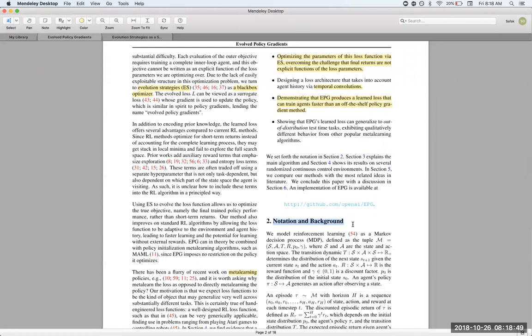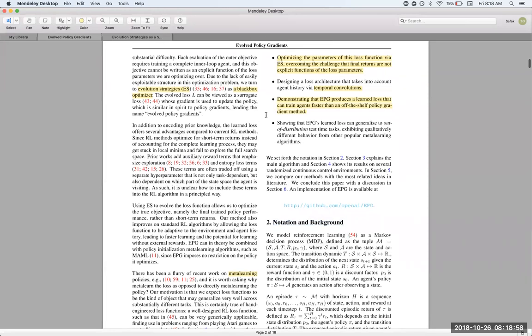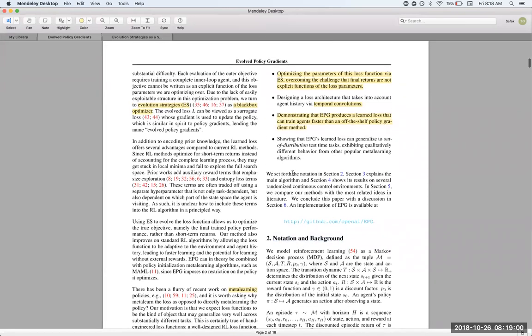We have to go over how a reinforcement learning problem is formulated. It's like a Markov decision process, a string of states and actions and rewards. So it's a time sequence. And the loss function takes into account the sequence of actions and does some kind of convolution over this temporal sequence.